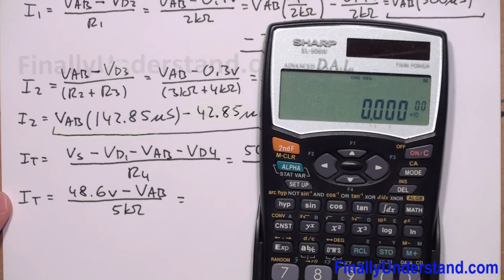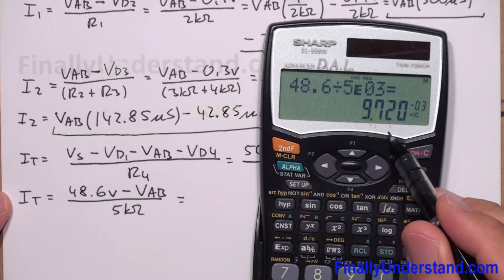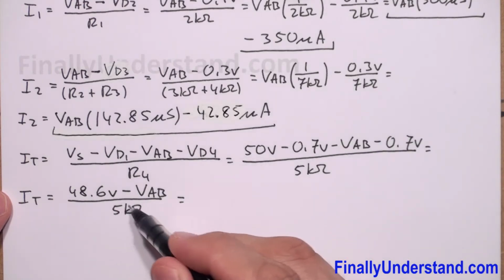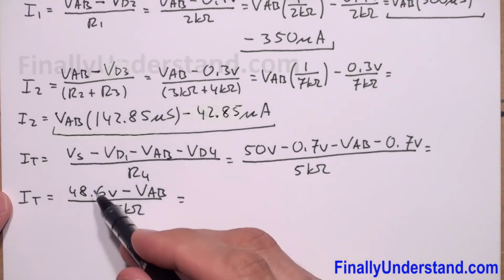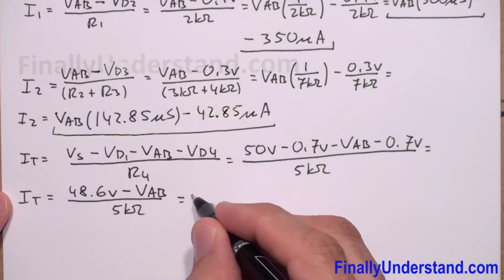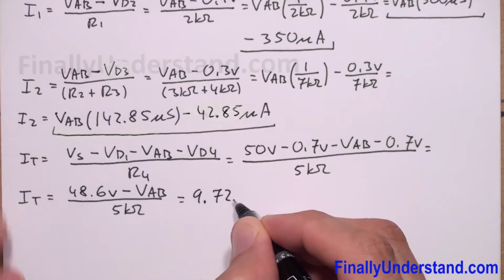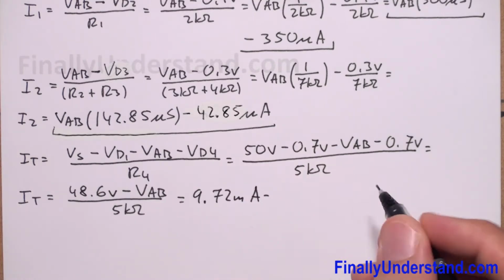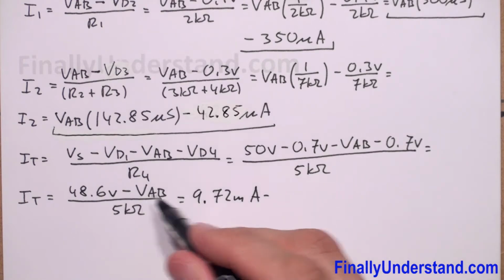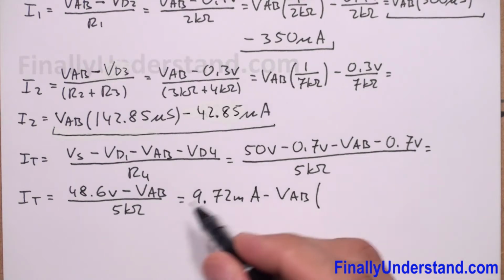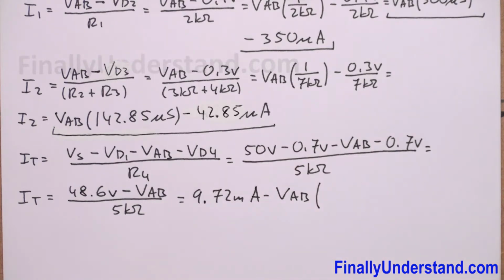Okay, I have 48.6 divided by 5 times 10 to the third, which is 9.72 milliamps. So I'm going to split this fraction into two fractions. I divide this by this, so I get 9.72 milliamps minus, and I'm going to write VAB times 1 divided by 5 kilohms.